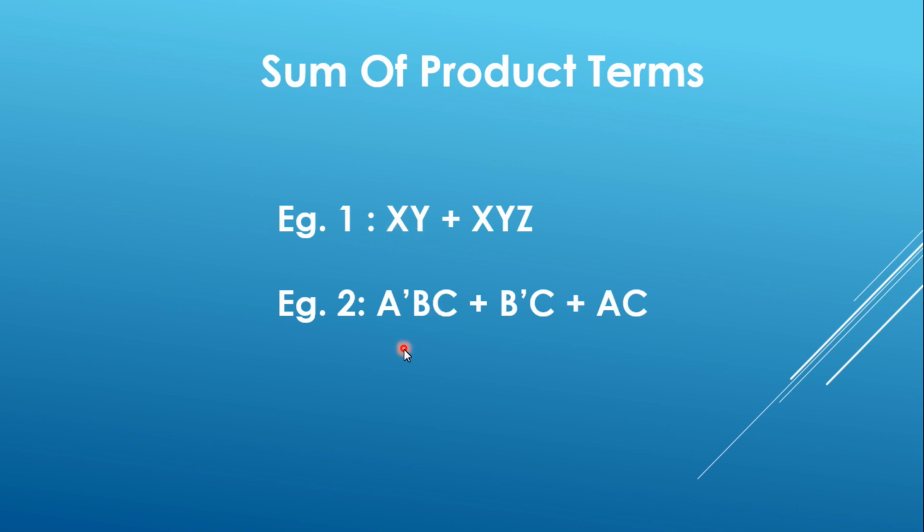So like in this expression, A bar B C plus B bar C plus A C, the variables are A, B and C. Now in the first term all the variables are included, but in the second and third terms only two variables are included, and these variables could be in complemented form or non-complemented form.